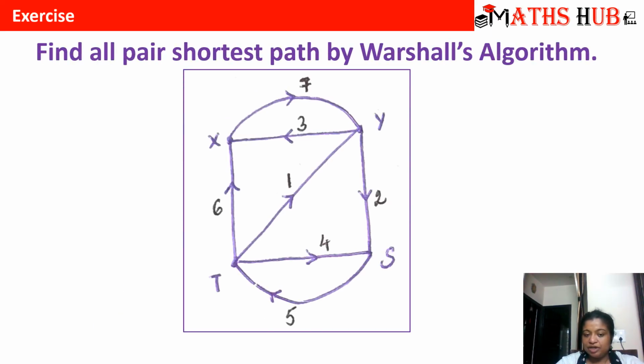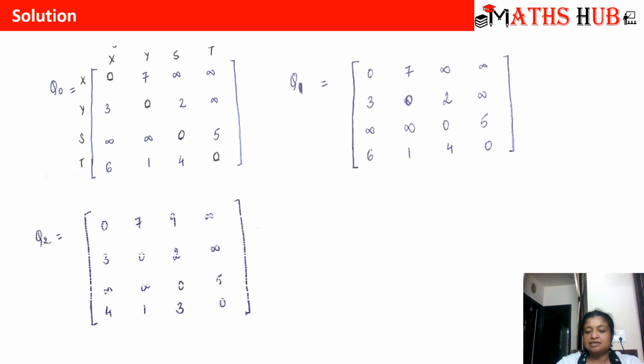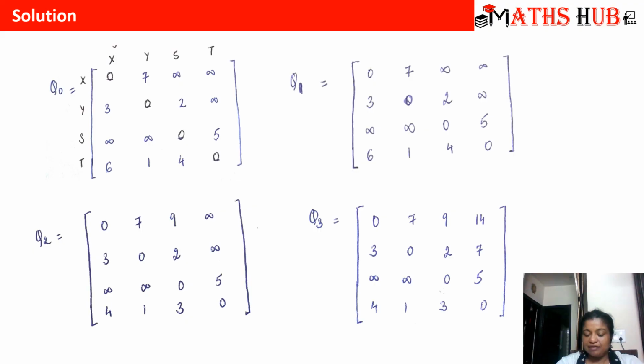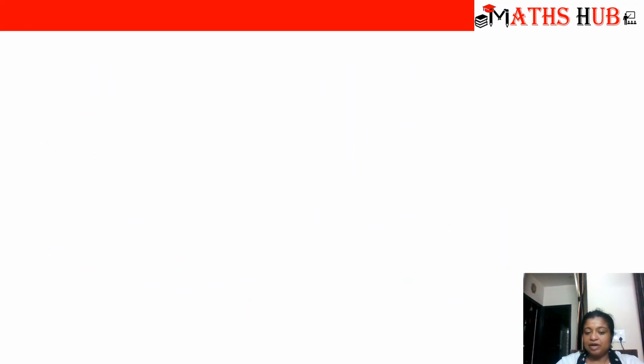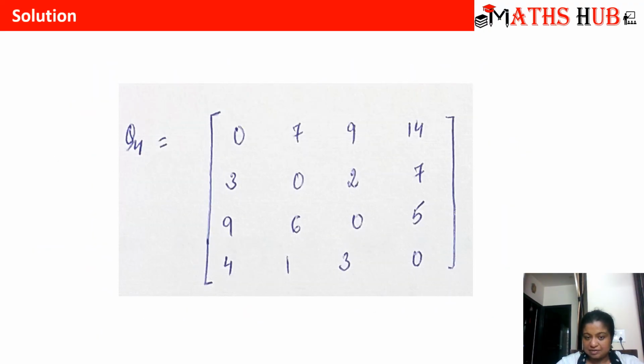And this is one exercise for you. You need to calculate the shortest path in this graph between any pairs of vertices, and the answer is already given there in the slide. So do not check the answer first. Do practice them. I've given you the matrices so that you can check your answer towards the end and cross verify, right?